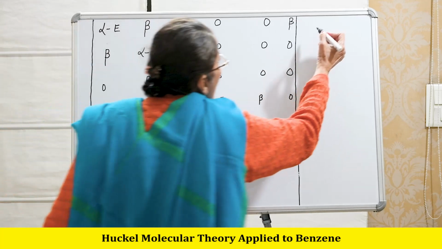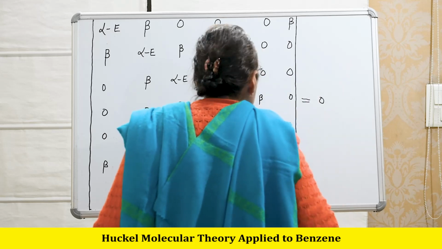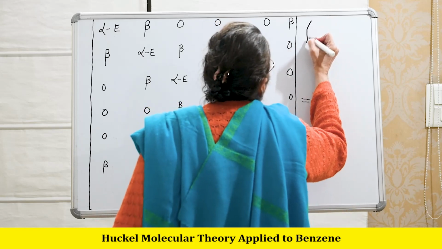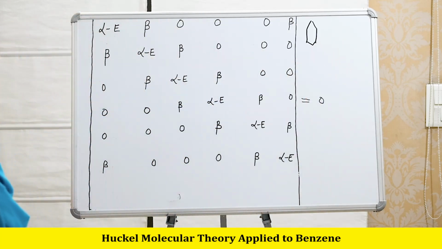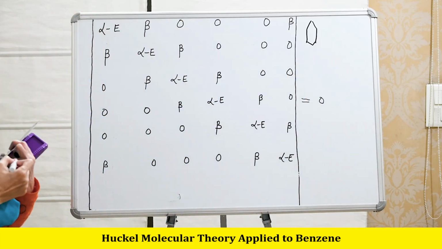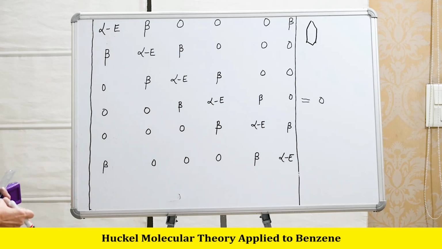For benzene, the first and sixth carbon atoms are bonded, so it is beta. Keep in mind that 1 and 6 is equal to beta.